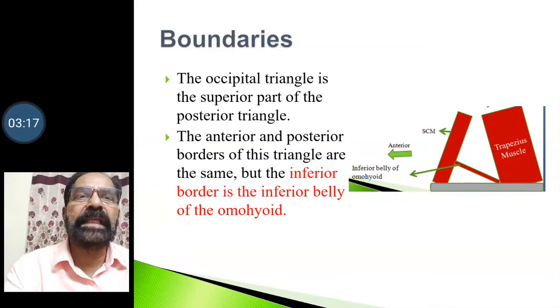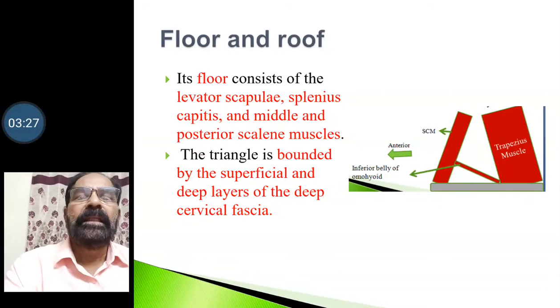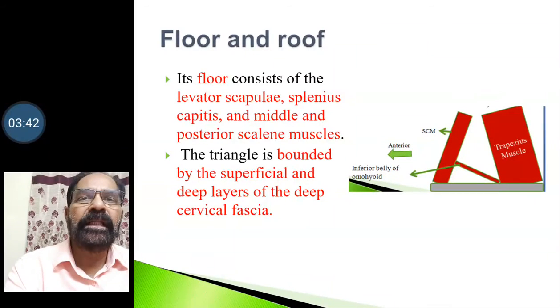In the picture you can see it is formed by the inferior belly of omohyoid, anteriorly by the sternocleidomastoid and posteriorly by the trapezius muscle. Then floor and roof. The floor consists of muscles, that is levator scapulae, splenius capitis, and middle and posterior scalene muscles. And the triangle is bounded in between the superficial and deep layers of deep cervical fascia.